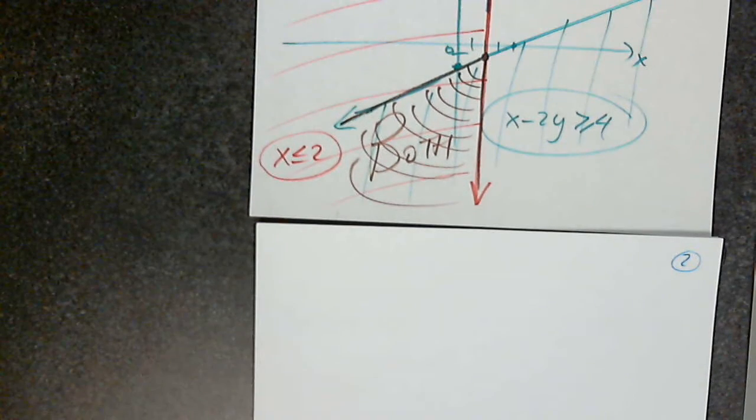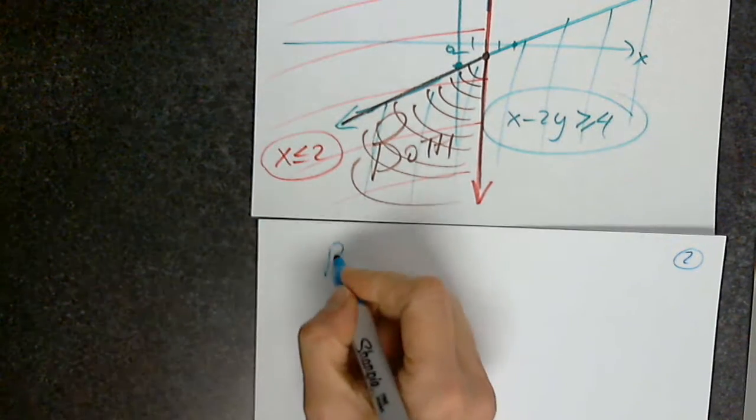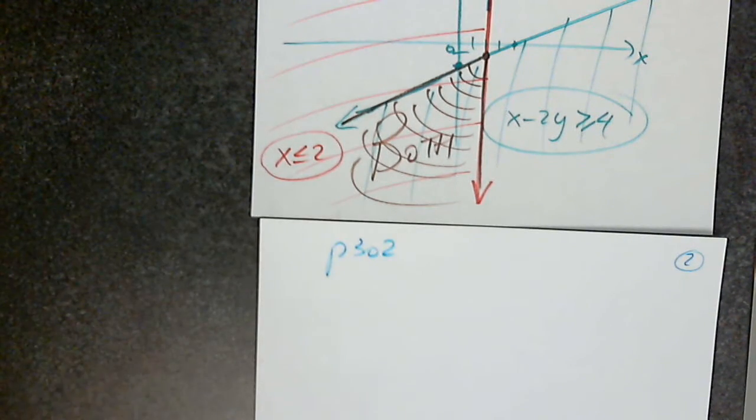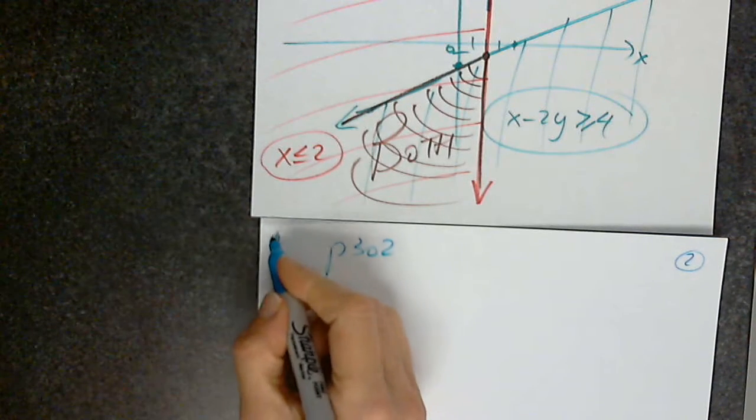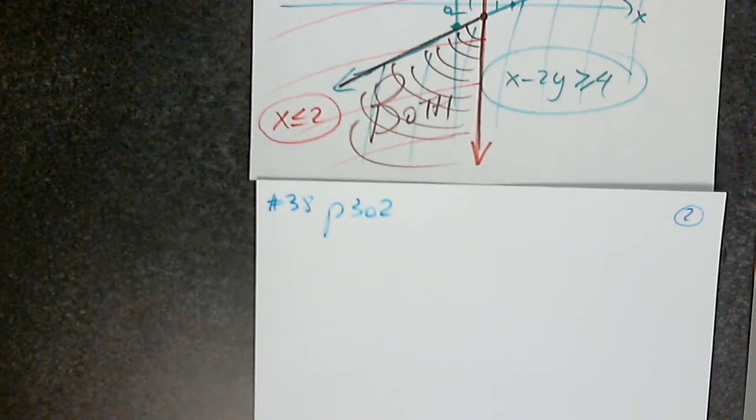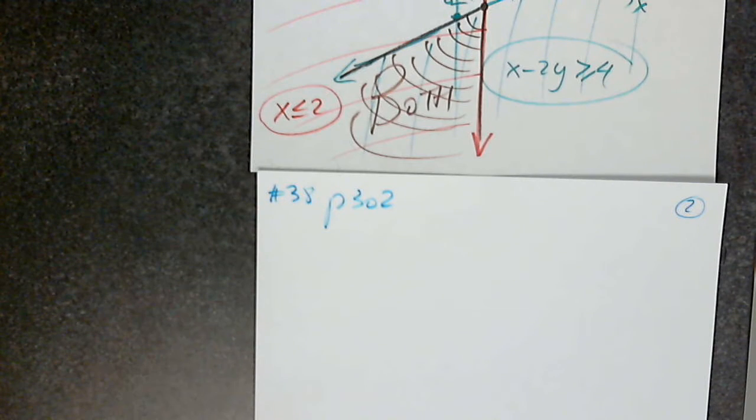I'd like to review a problem from chapter 4, in which we solved systems. Let's look at a word problem. On page 302, let's look at 38. The Forest Theater can seat a total of 360 people.